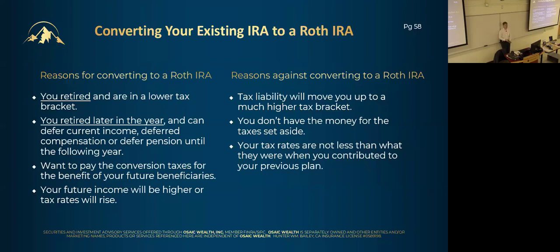All of it needs to go over, and then you pay the taxes out of pocket. So make sure you're ready to do that. Otherwise, it's going to end up being a distribution and you don't get to keep it. You don't get to put it in the Roth account. If you just put a little bit in there, it's not going to be considered a conversion. And then it's going to be a contribution that you're not actually allowed to make.